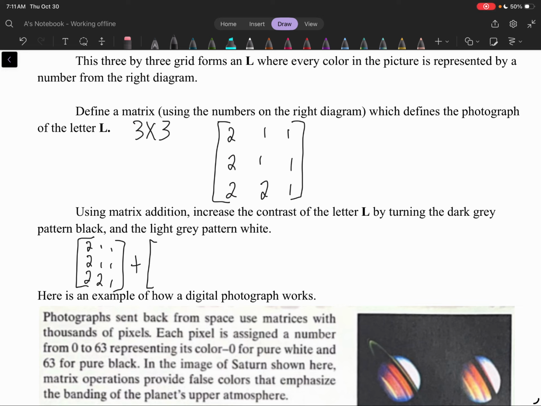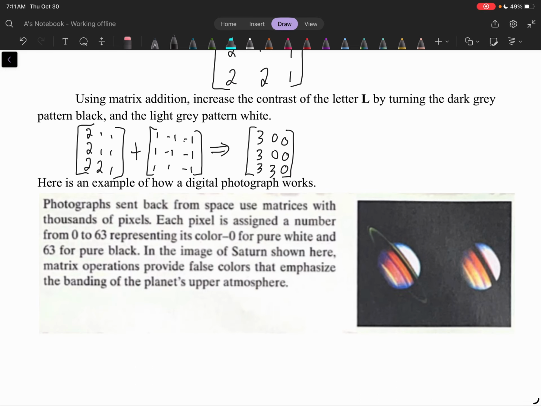So for the dark gray, I'm going to add 1. For the light gray, I'm going to subtract 1. To get a solid black L, my matrix would be 3, 3, 3, and 3 for the L, and then 0 for the other blocks. Alright, that would be a solid black L.